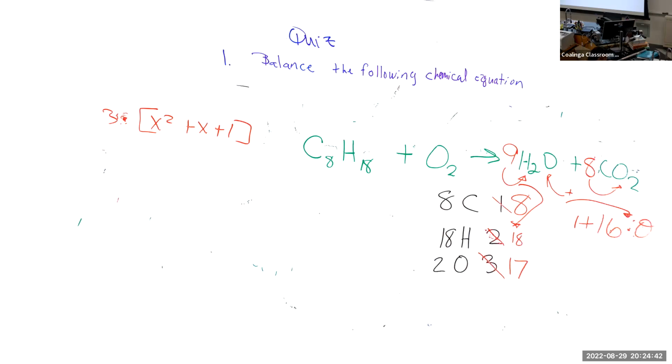So let's slow down just a second. Now we have a total of 9 oxygens. So 9 plus 16, now we have 25 oxygens. And now we're going to put 25 over 2 on the oxygen side for the reactant.